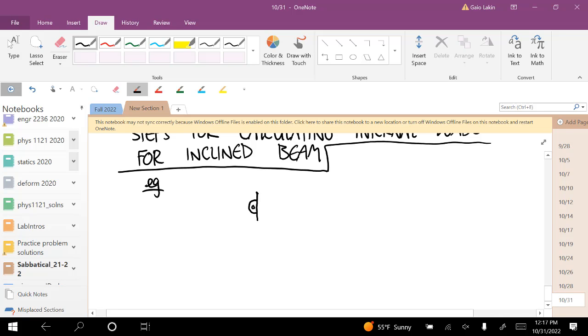So we have a beam with a pin and slot joint at the left end. And this slot makes an angle of 10 degrees with the horizontal.